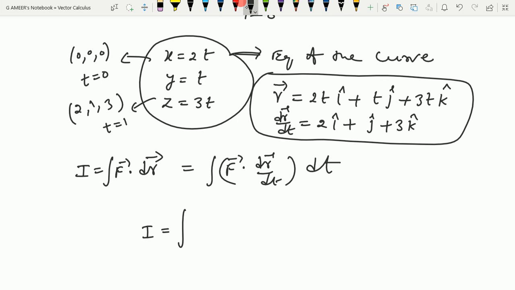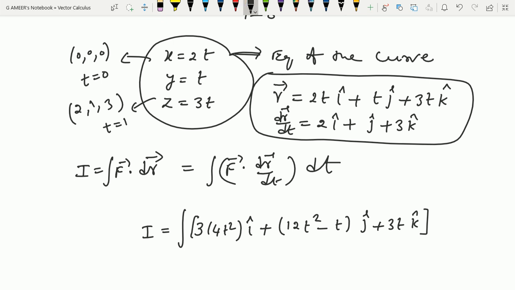F is given: 3x square i cap, but in place of x, 2t is there, so 3 into x square, meaning 2t, that is 4t square i cap, plus 2xz, that is 2 into 2t into 3t, 6t square, 12t square, minus y, that is t, into j cap, plus z k cap, that is 3t k cap.